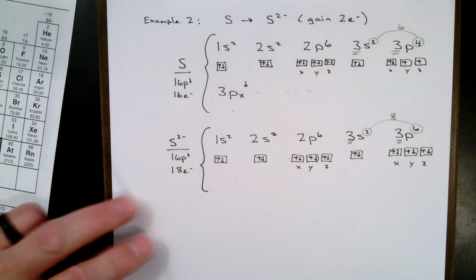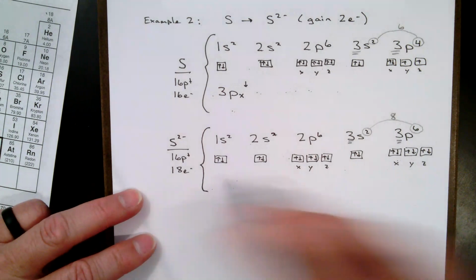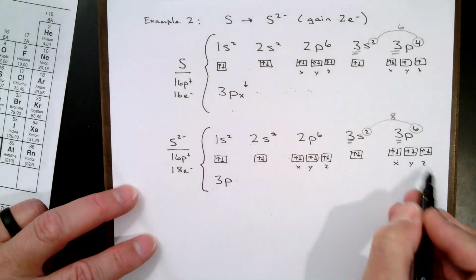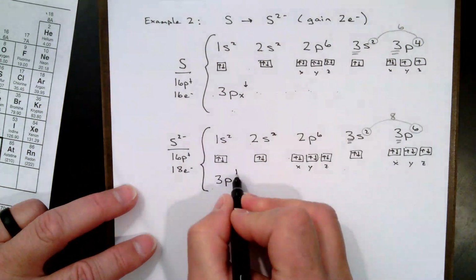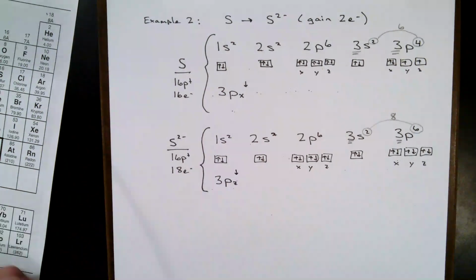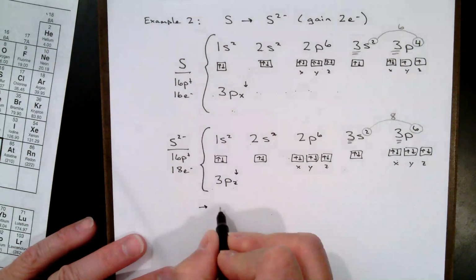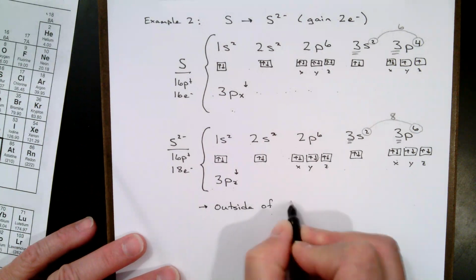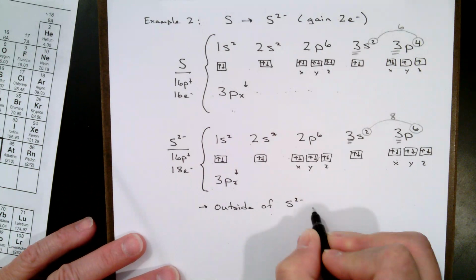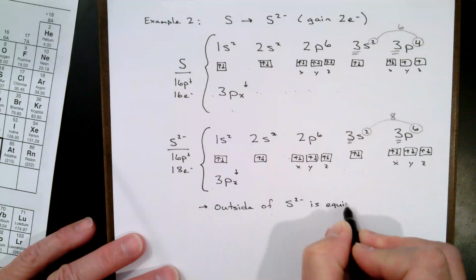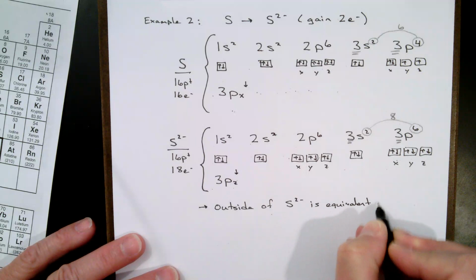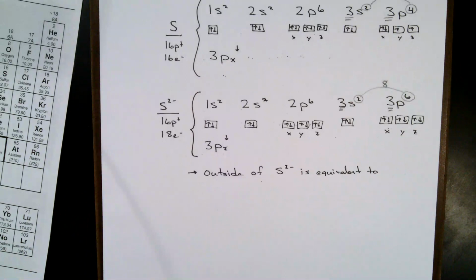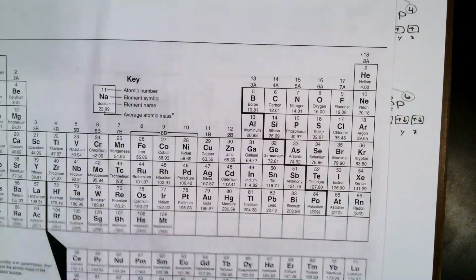Now, the last electron for the ion of sulfur is the 3pz down. What does the outside of S2 minus look like?